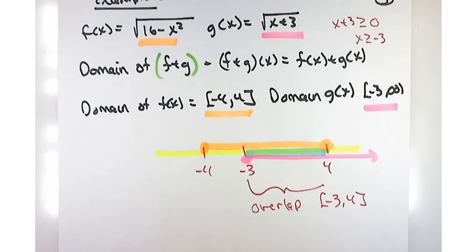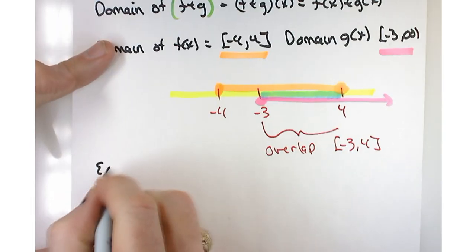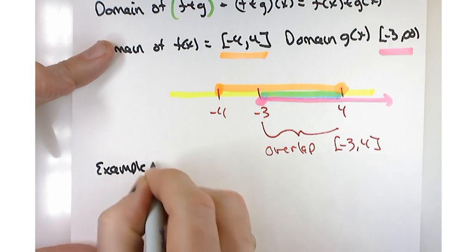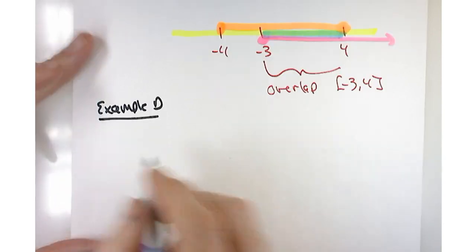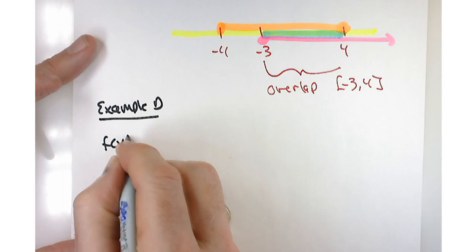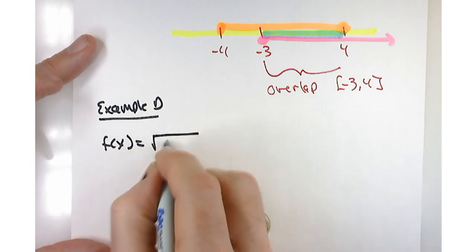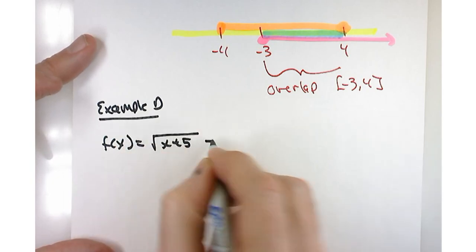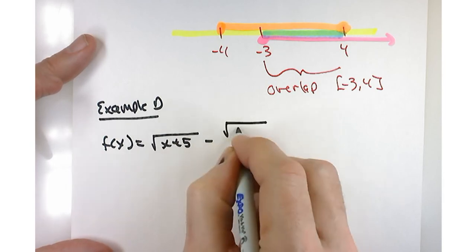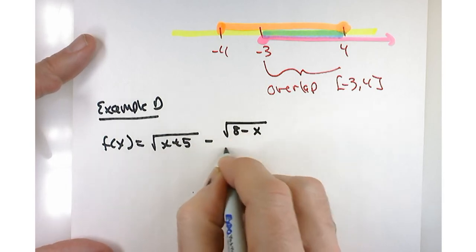We're going to exclude some more points as well from one of our next examples. In fact, example D. F of x equals the square root of x plus 5 minus the square root of 8 minus x, all over x.